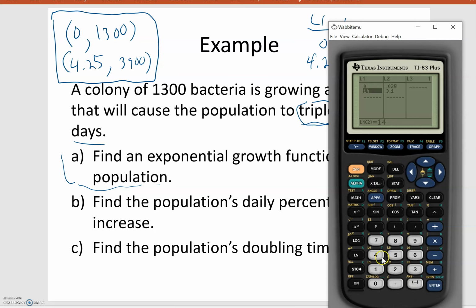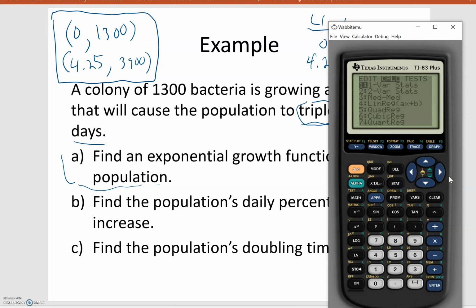Clear this out. So that's 4.25, and this is going to be 1,300 and 3,900. And then I'm going to do exponential regression. Sorry, I pressed the wrong button there.